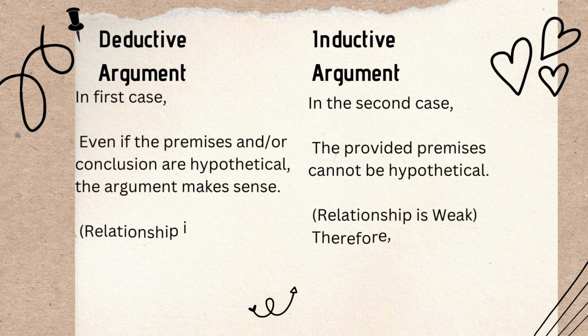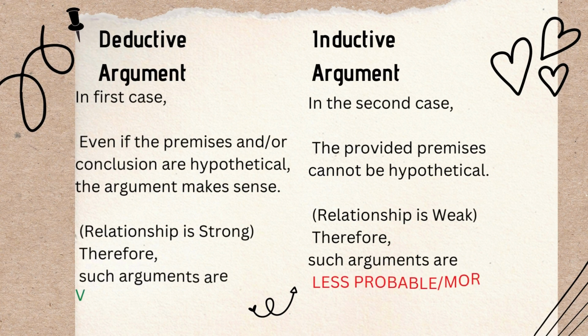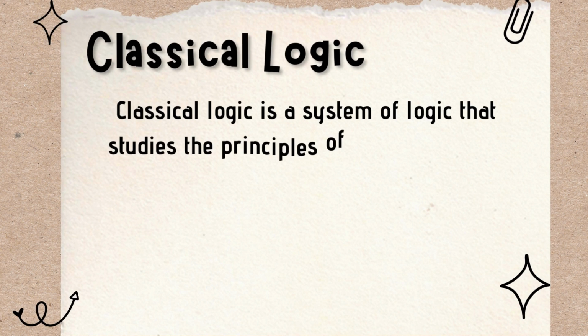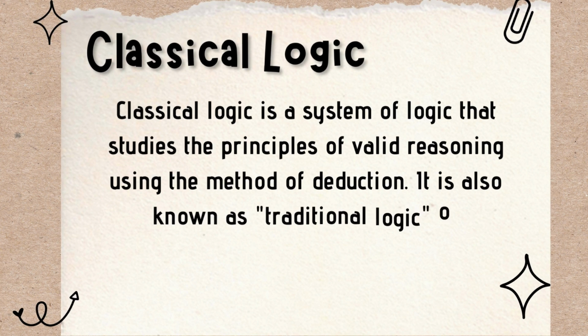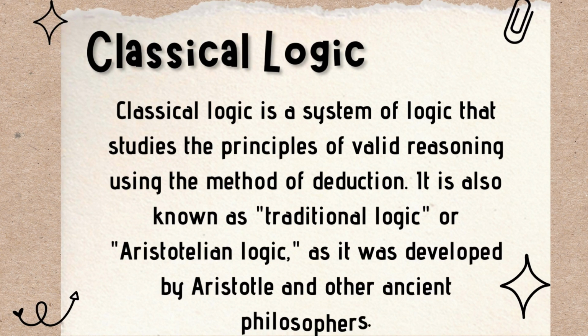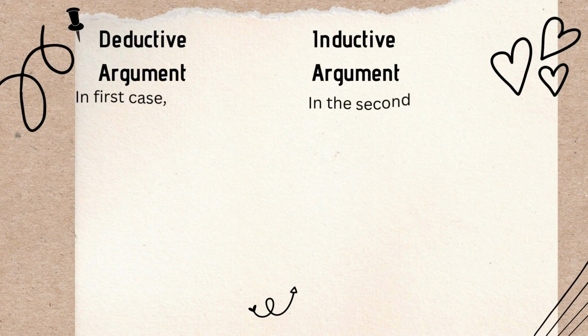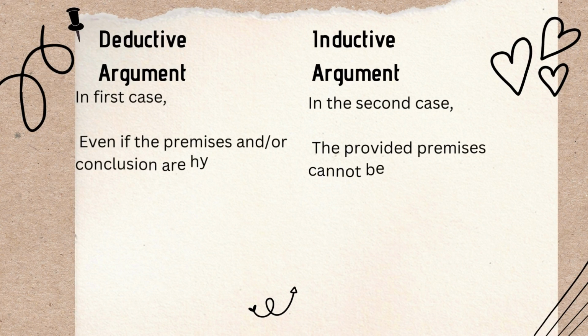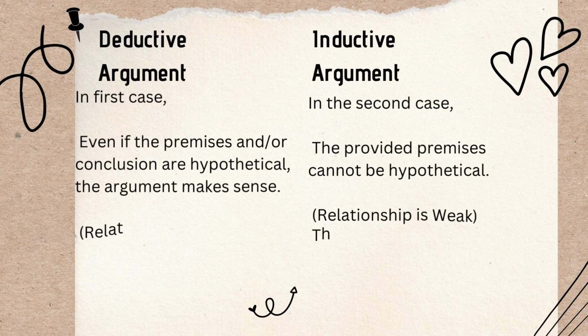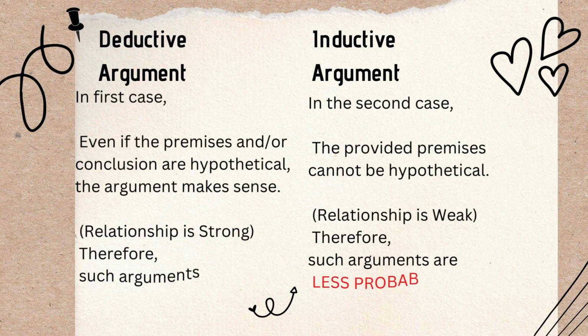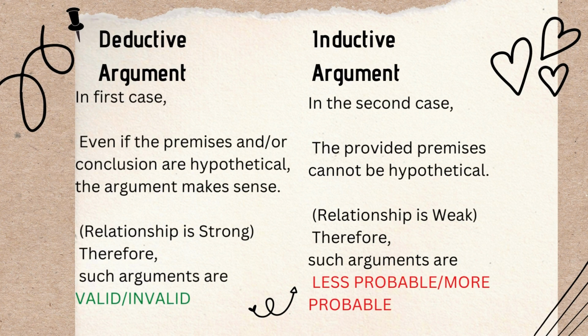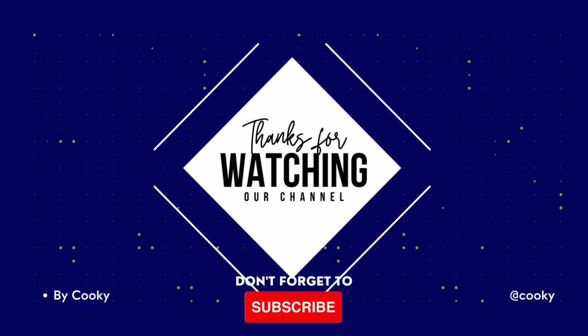Note this point. Classical logic is about deductive argument. Classical logic is a system of logic that studies the principles of valid reasoning using the method of deduction. So we will be using the structure of deductive argument in classical logic. Let's see about categorical propositions in the next part of the video.